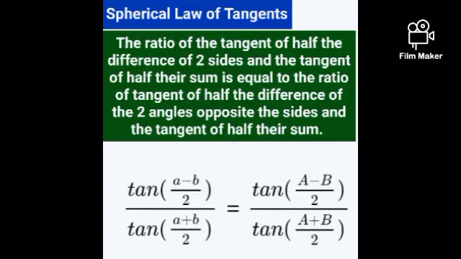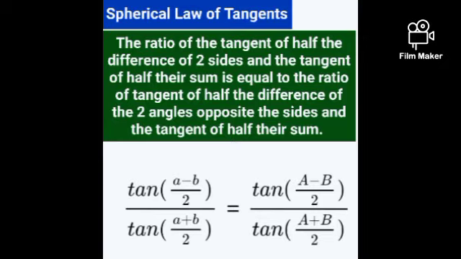The difference of two sides is given by a minus b, and half the difference of these two sides is (a minus b) over 2. And that explains the denominator 2 in the numerator at the left-hand side of the equation. (a minus b) over 2 is half the difference of the two sides.